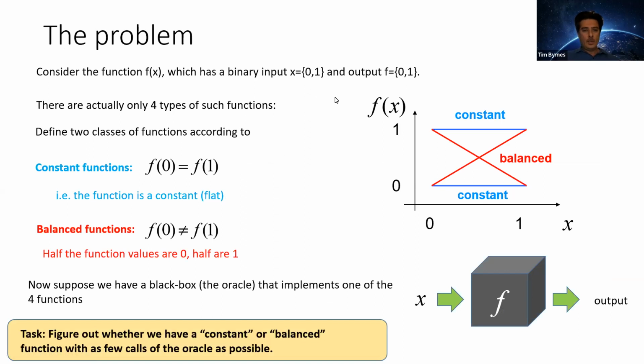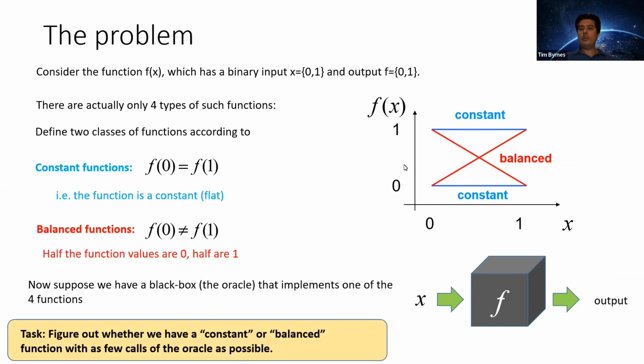Now, I discussed a little bit about what the actual problem of Deutsch's algorithm is. We were talking about a kind of classification problem, right? If you've got a binary function, x is a binary input, and f(x) takes a binary output, so it's got two outputs.